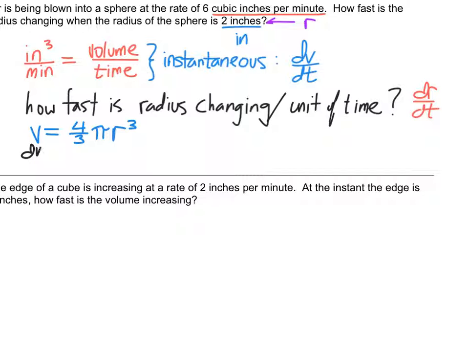So dV dt would be equal to, what would the derivative of 4/3 pi r cubed be equal to? 4 pi r squared, but by the chain rule, we have to assume that the r could be variable. So the chain rule always tells us to take the derivative of the inner function. What would the derivative of r be?